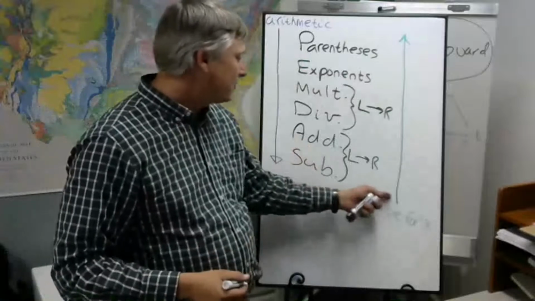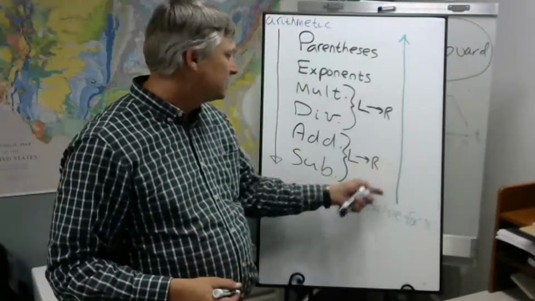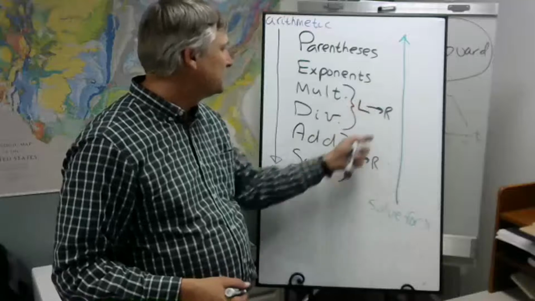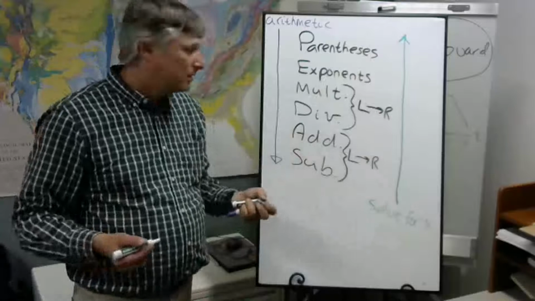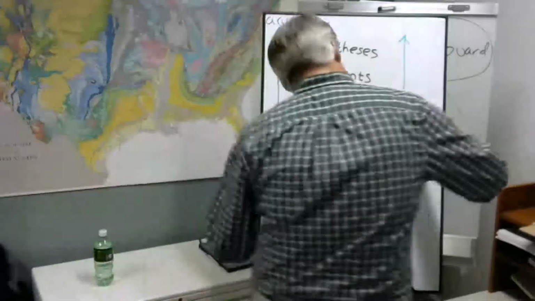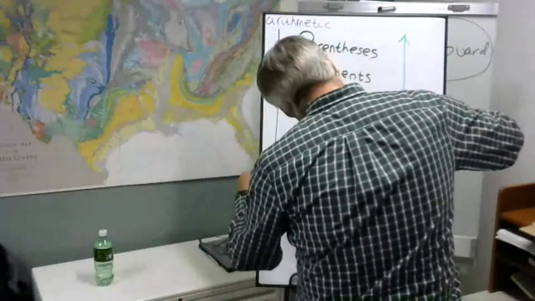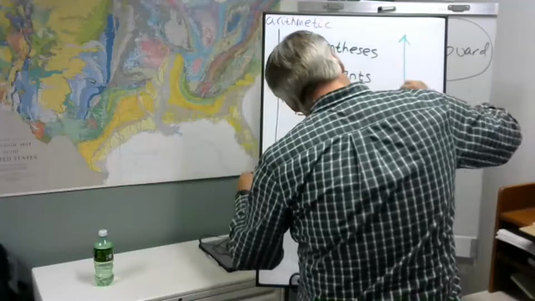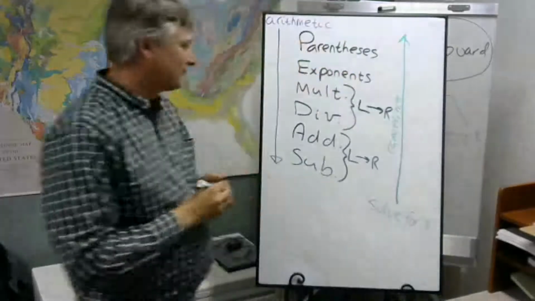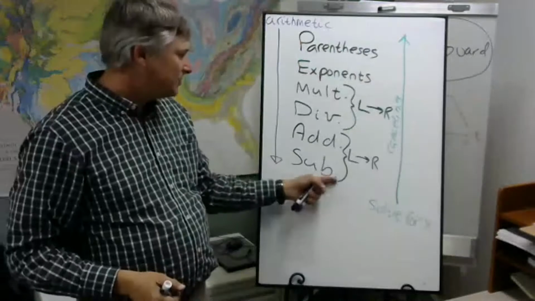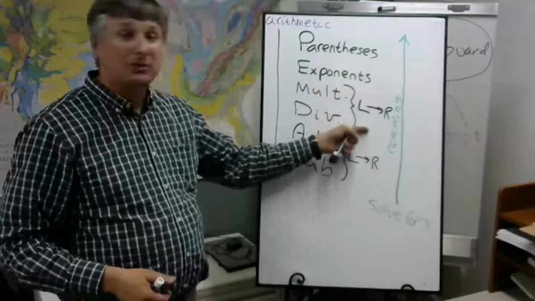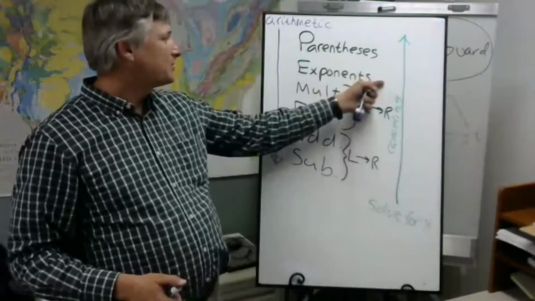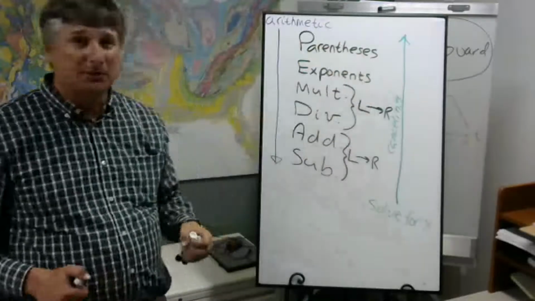And as we go backwards, dealing with addition, subtraction, multiplication, division, exponents, and parentheses, we're canceling them. So we'll cancel addition and subtraction, then cancel multiplication, division, cancel exponents, cancel parentheses.